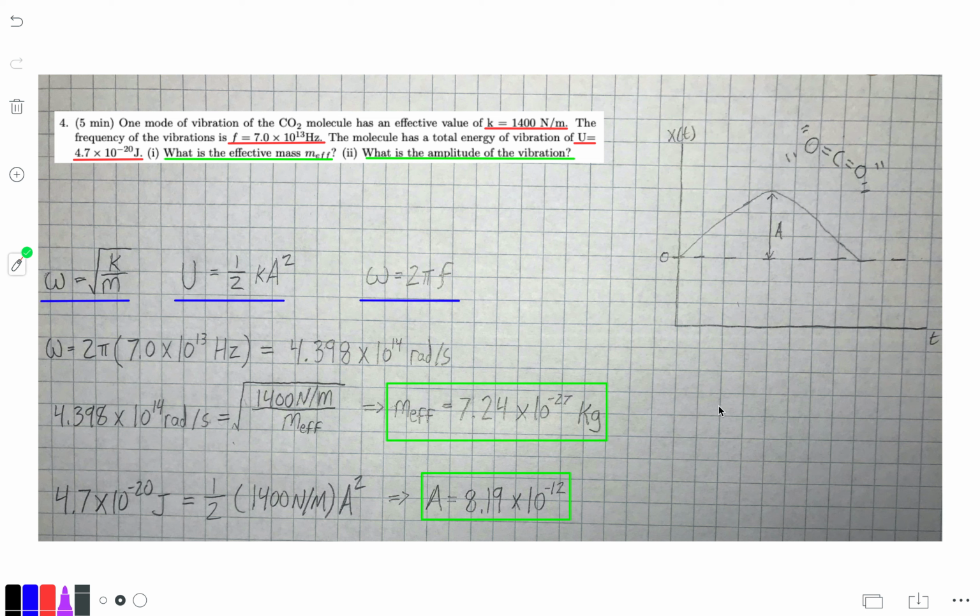If we think about how this relates to the mass of a proton, this is in range with what we would suspect, a very small 10 to the negative 27 kilogram type mass.